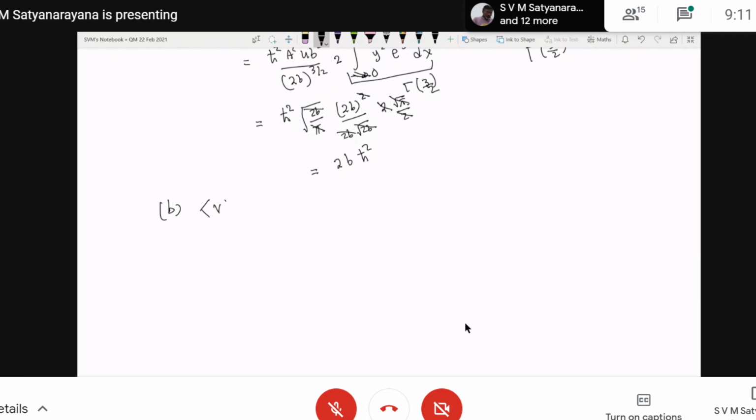I don't know, let's just check this calculation. Phi prime is equal to minus 2b into x, that's fine. 4b square, right? This is 2 times this, x square. 2 minus 1 is equal to 2, b by 2. Gamma half is root 5.